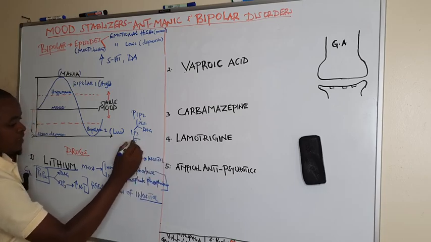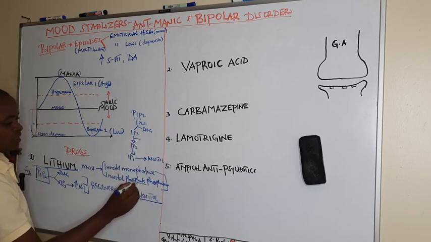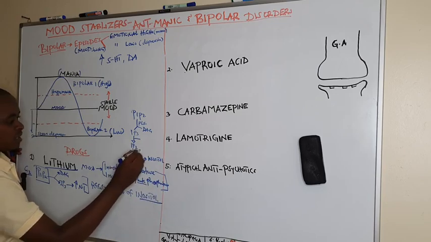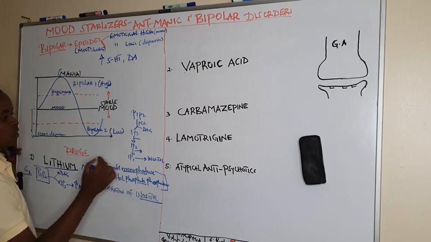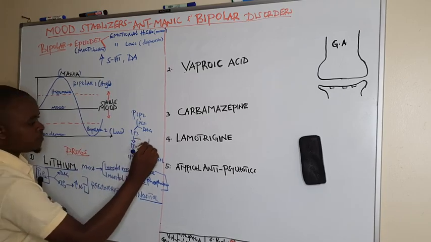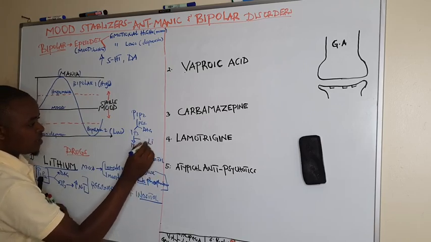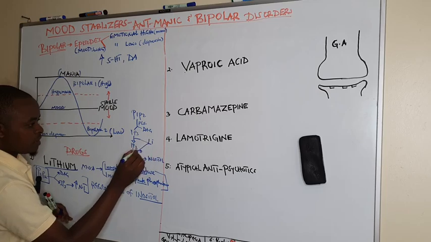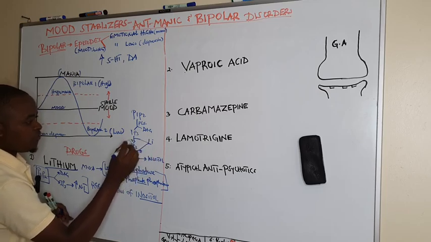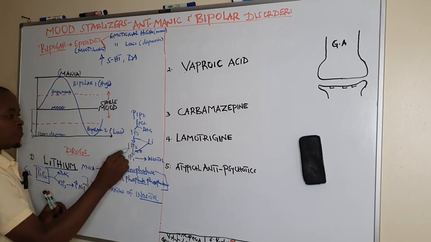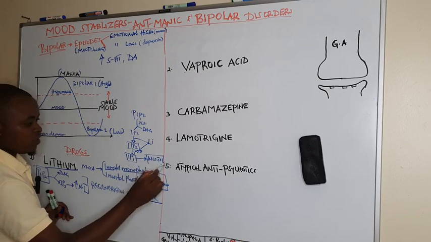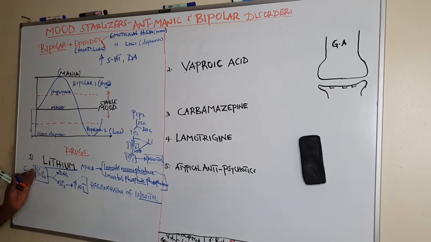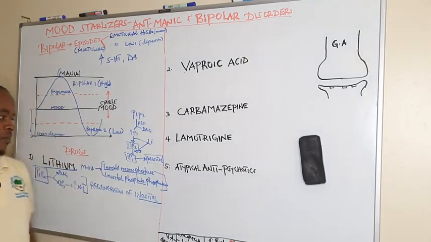This one is catalyzed by inositol phosphatase, and this one by inositol monophosphatase. So we are seeing lithium coming and inhibiting these two enzymes involved in conversion of IP2 and IP1, which are used for regenerating inositol during the G-coupled signaling mechanism.